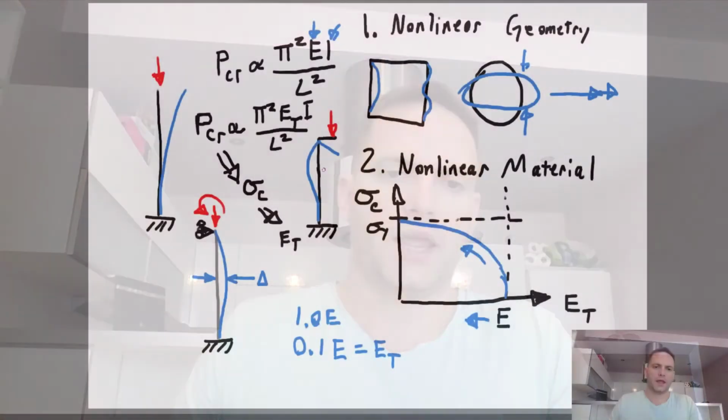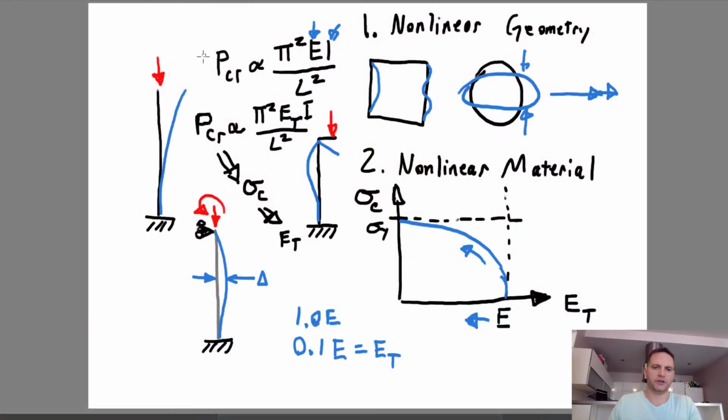If you go and use these equations, especially the naive form, this simple Euler buckling right here, and you don't take into account nonlinear geometry, tangent modulus, or any kind of nonlinear material effect, and you just say, well, let's not worry about it, we'll use a factor of safety of 3 or 4, you could actually have a design with a negative factor of safety.